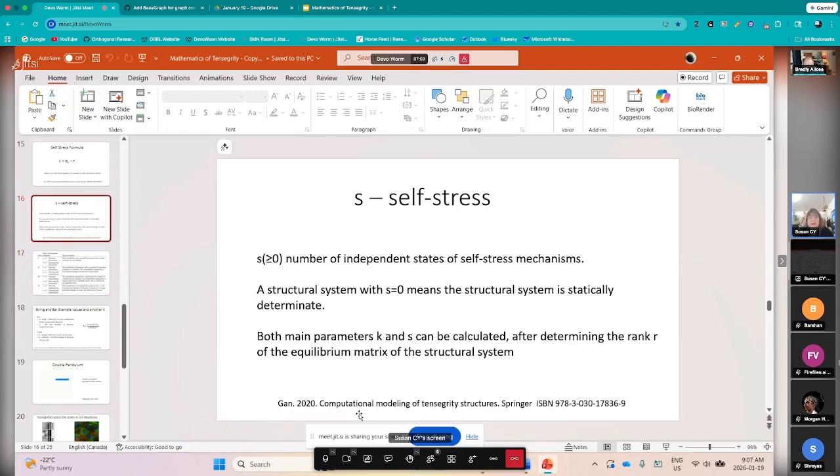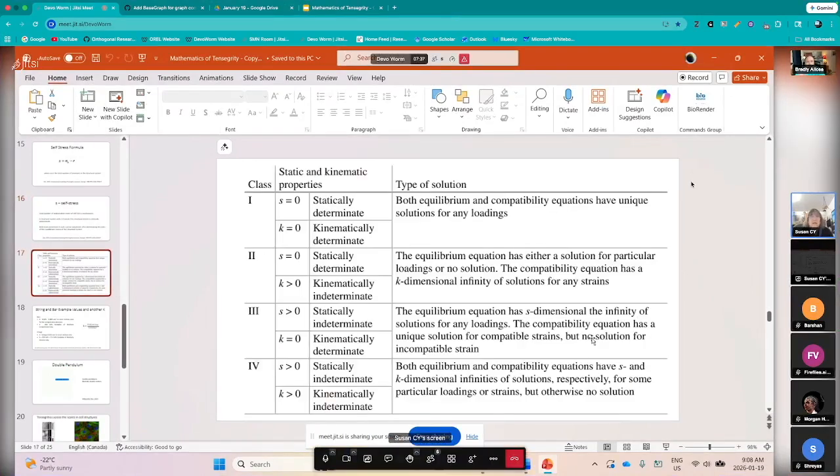Gan 2020, Computational Modeling of Tensegrity Structures. So both main parameters, K and S, can be calculated after determining the rank. So you can actually get a matrix for this. And so there's these 4 classes of tensegrities, and they've determined whether they're statically determinate or indeterminate, and kinematically determinate or indeterminate.